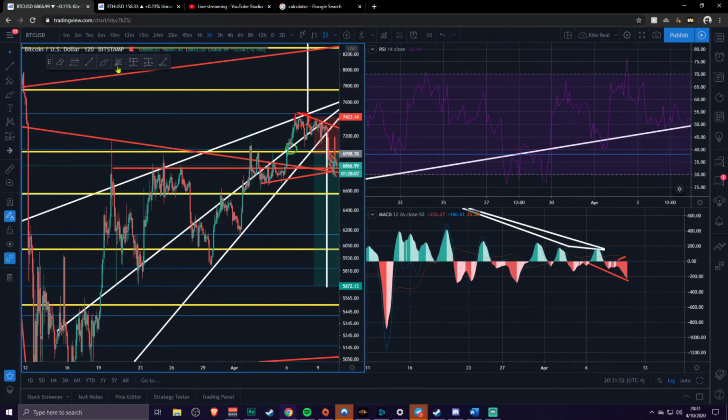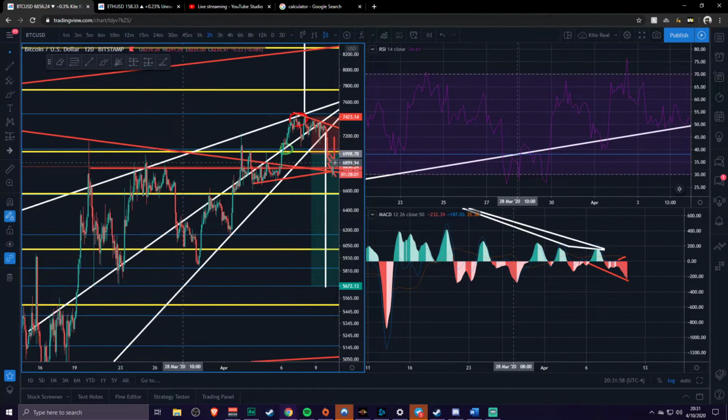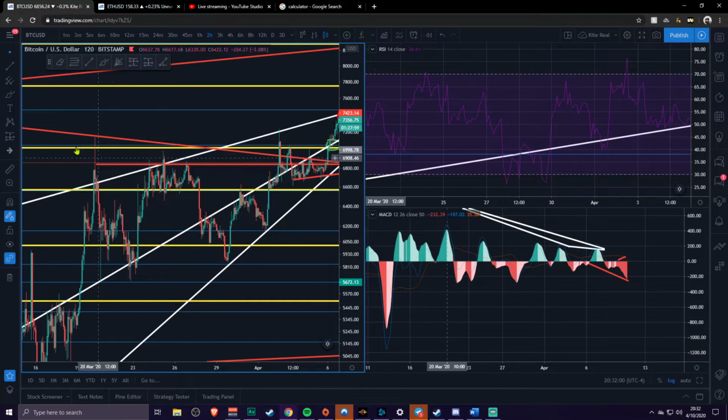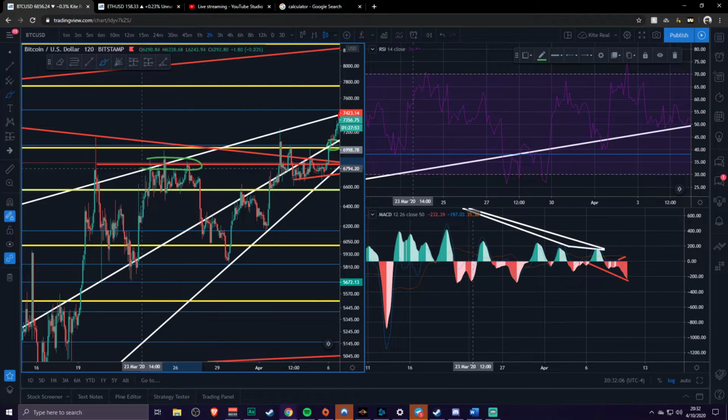Always give yourself some headroom as well. It's never going to be cut and dry, especially with supports and resistances like this. So what you want to do is find your range and set yourself up a top and a bottom, and only take shorts from the top and only take longs from the bottom. And obviously, at some point, you're going to have a breakout.